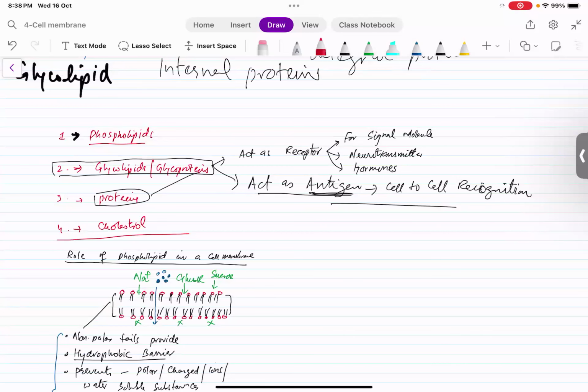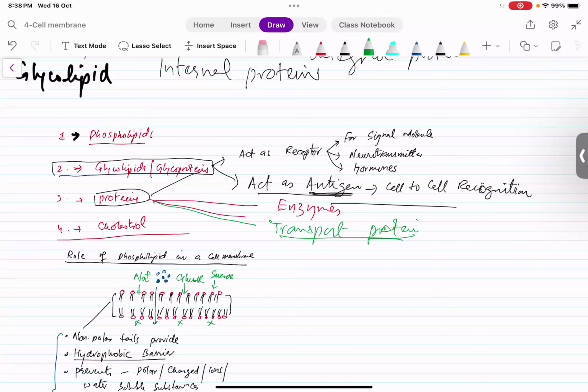Now these proteins have other roles as well. Some proteins may act as enzymes, and other proteins may be involved in transport. We'll discuss the proteins involved in transport, like channel proteins or carrier proteins, in detail. Then we have cholesterol.